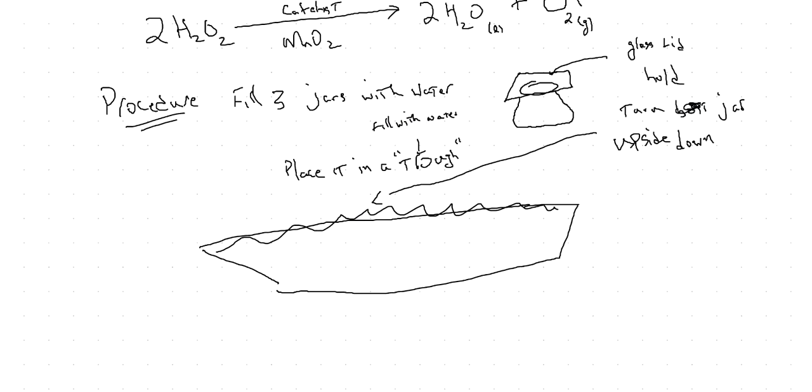Okay, and in the trough, you'll see something here with a little hole, and it's supposed to be a hose. I'll draw what that's going to in a second. So we're going to take this jar and put it upside down, and then we remove the lid.